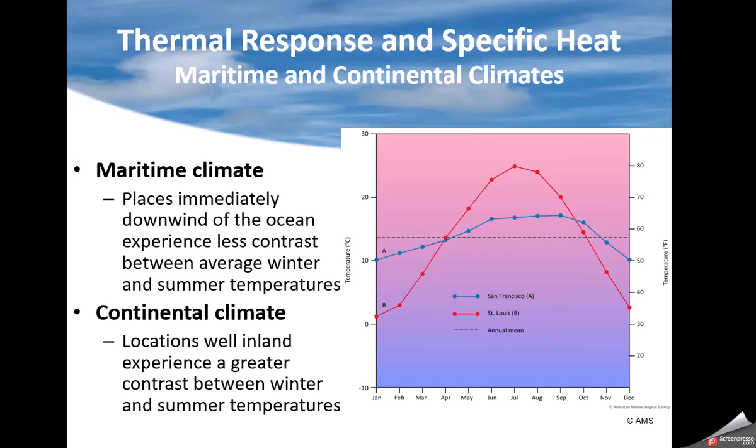That's why a maritime climate like San Francisco is going to wind up not having as much temperature change as something over the continents, because the water really takes a tremendous amount of energy to heat up. So it doesn't change dramatically normally in big oceans.